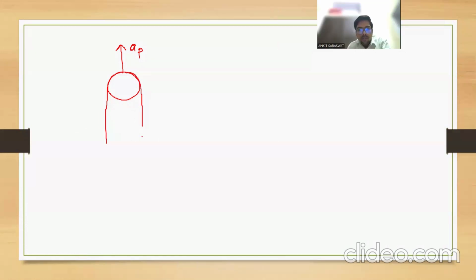Second case, like if I ask, in this case, if the pulley is moving with a certain acceleration, let us suppose AP, like this, and both the blocks are connected by the same string. Clear?